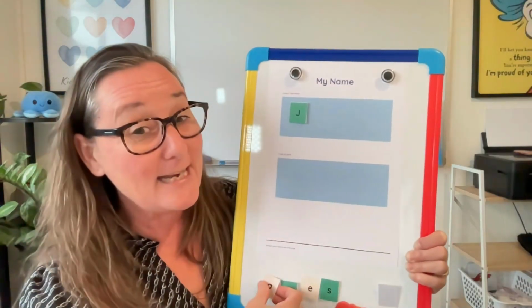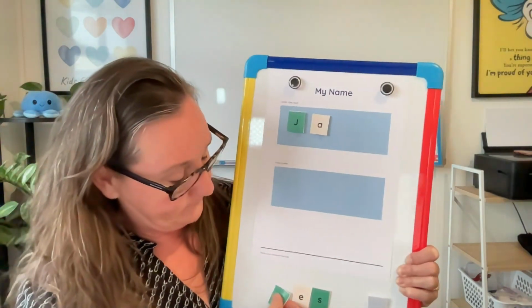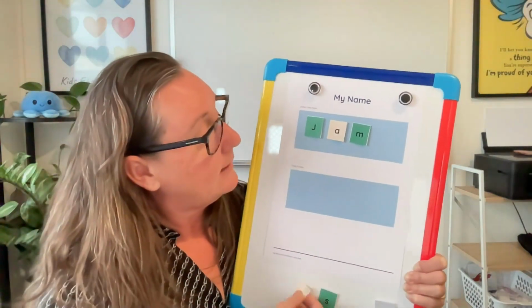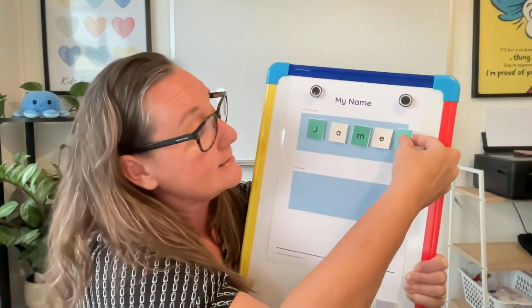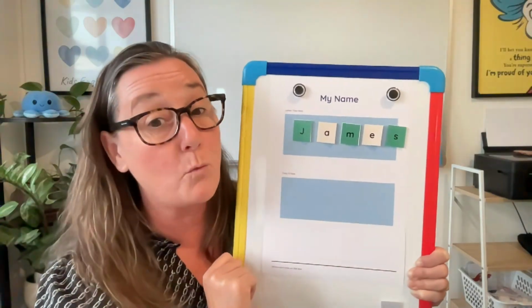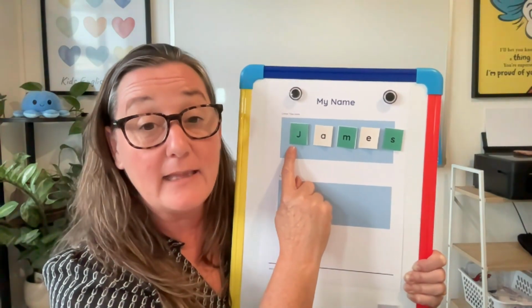Okay, and this is the next letters in your name. A, M, E, S. So use the letter tiles to build their name with them first. And then you can point and say the letter names.